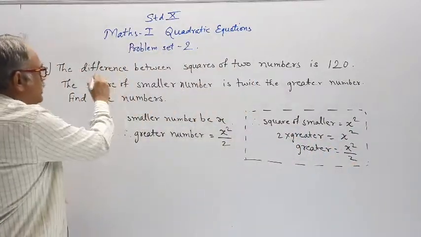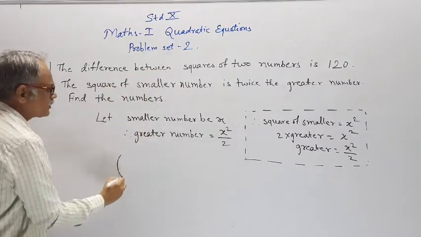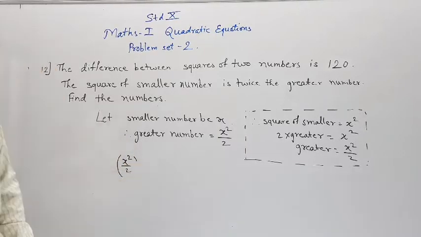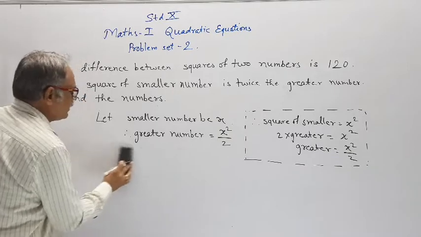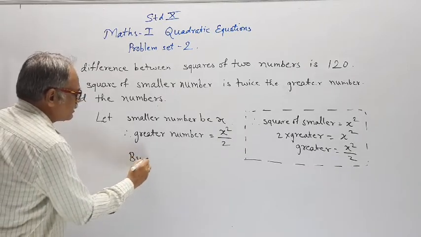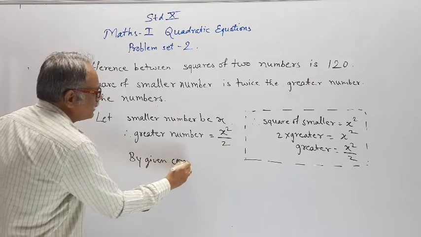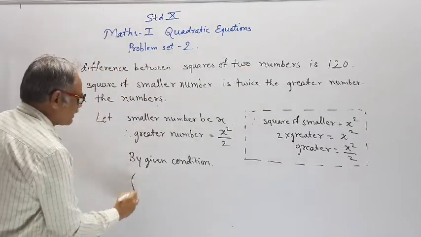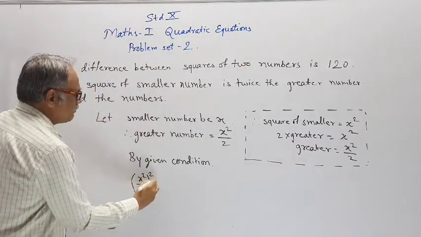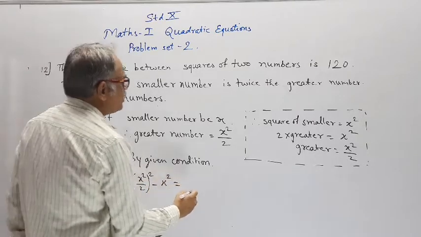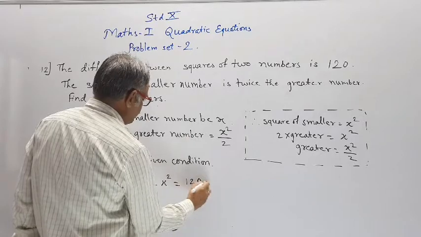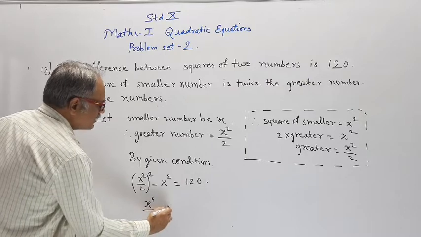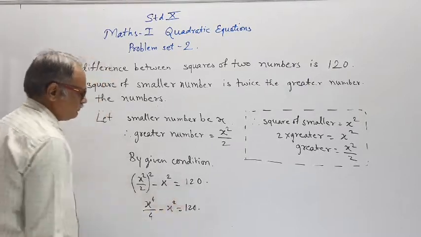Now it is told the difference between squares of the two numbers. Of course, greater square minus smaller square: x square by 2 whole square minus x square by the given condition. Now we use the first line, the difference between squares of two numbers: x square by 2 whole square minus x square equals 120. x square by 2 whole square will come x raised to 4 upon 4 minus x square equals 120.